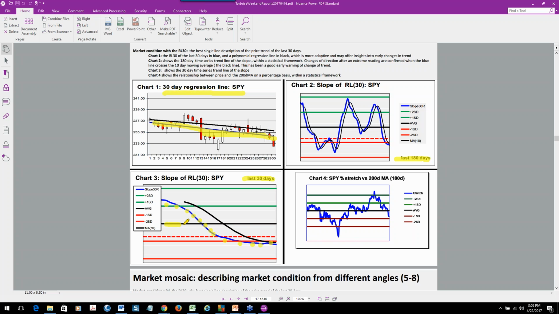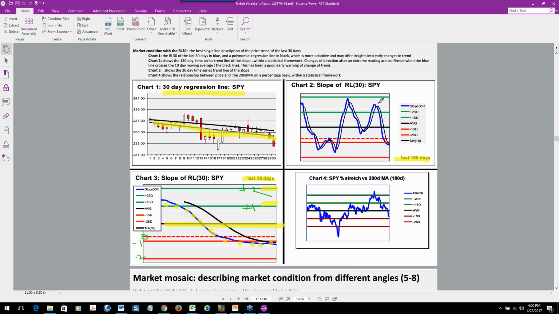And the black line is the average of the last 180 days. The two green lines are +1 and +2 standard deviations. So this is +1, this is +2, this red line is -1 and -2, and then this dotted line is the 0 line.